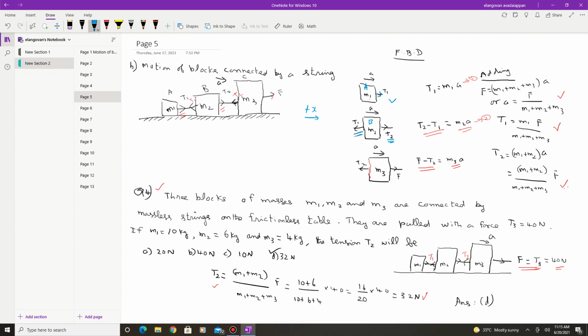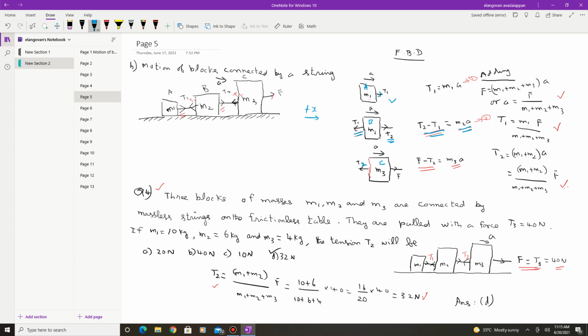So therefore the difference T2 minus T1 is equal to M2 times A. So this is your second equation. If you consider the block C, mass M3, one tension acting is T2 from C to B. So the tension force from B to C and from C to B are the same because they are connected by the same string.